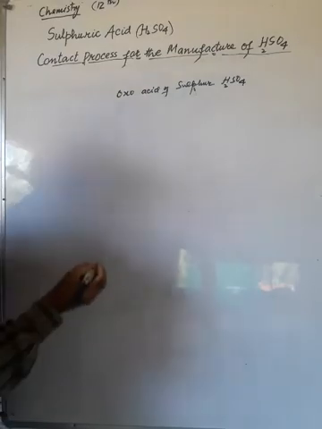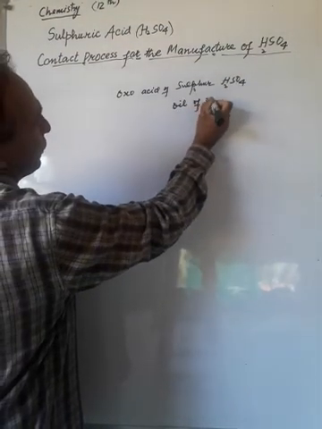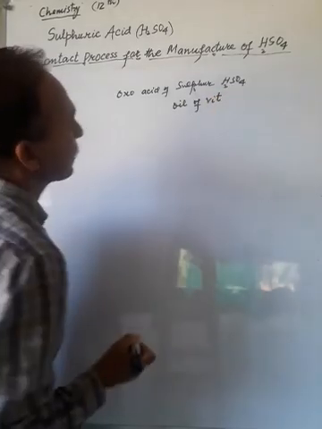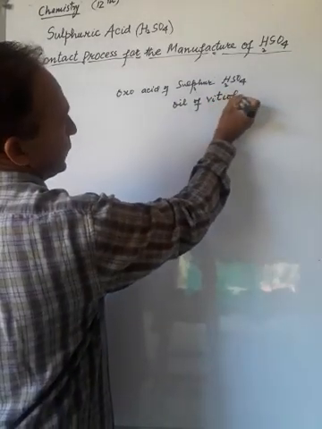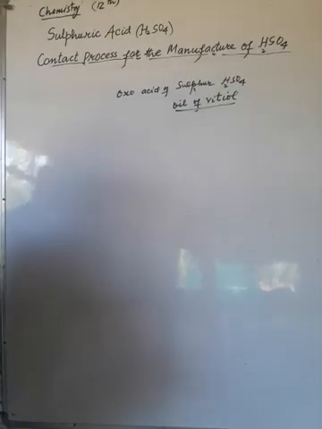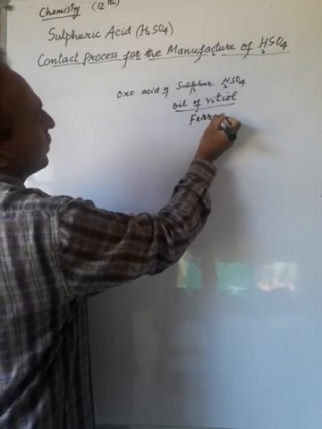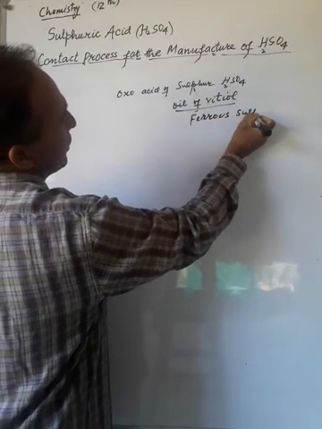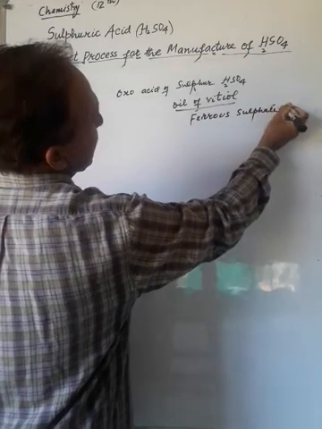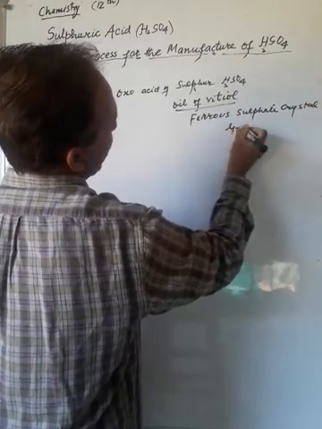It is also called oil of vitriol, because in the earlier days it was obtained from ferrous sulfate crystals, which is called green vitriol.